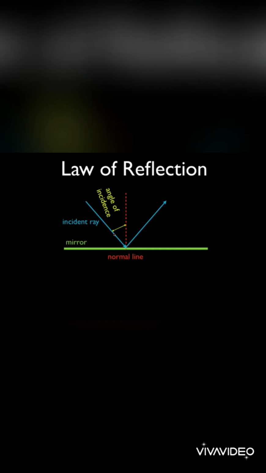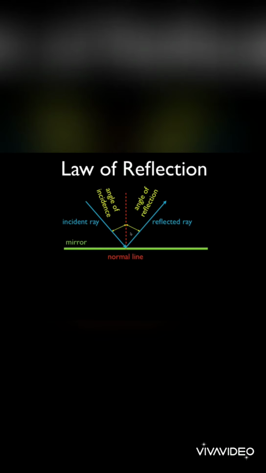The reflection of a light ray at a surface obeys the following two laws of reflection. The angle of incidence is always equal to the angle of reflection. As you can see, the angle of reflection is formed between the normal line and the reflected ray. The first law tells us that the angle of incidence is always equal to the angle of reflection.